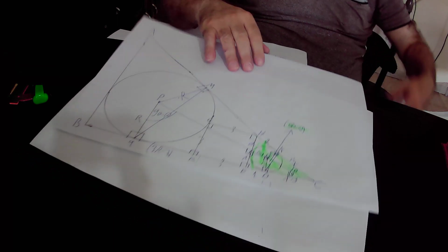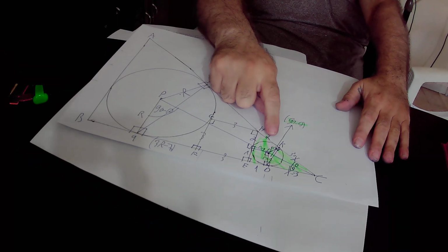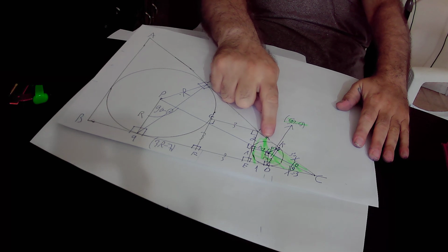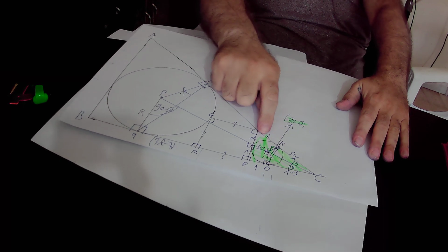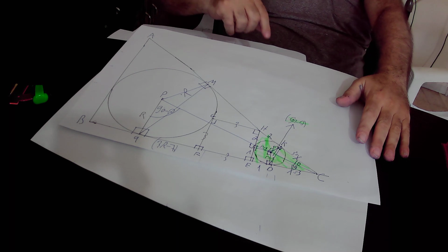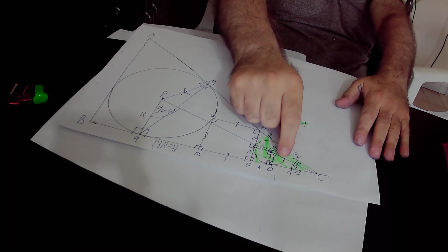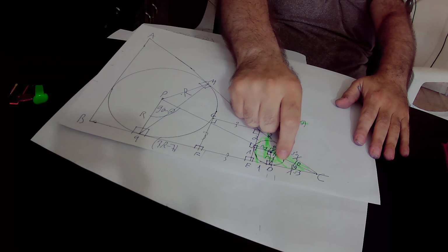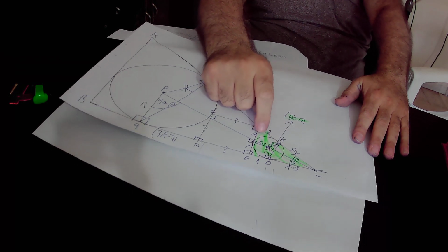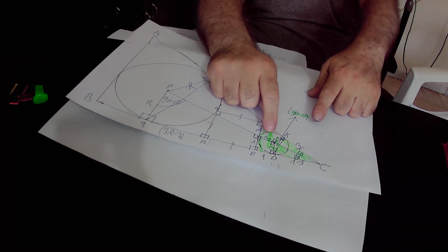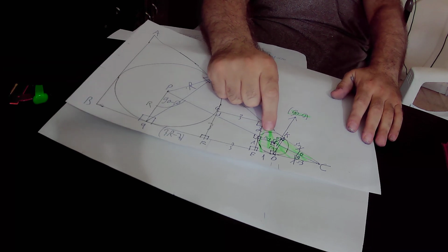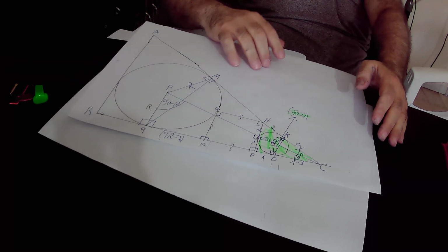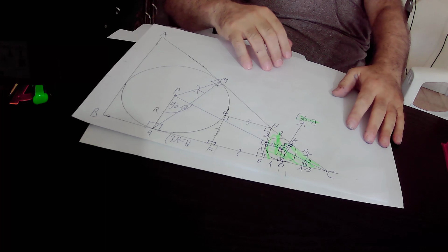Then we joined points K and O together by a straight line. We joined points C and O by a straight line. And we proved that the two green right triangles are congruent according to the side rule. So why are those two triangles congruent? First of all, KO equals OD equals R, they are both the radii of the circle, therefore they are equal to each other.